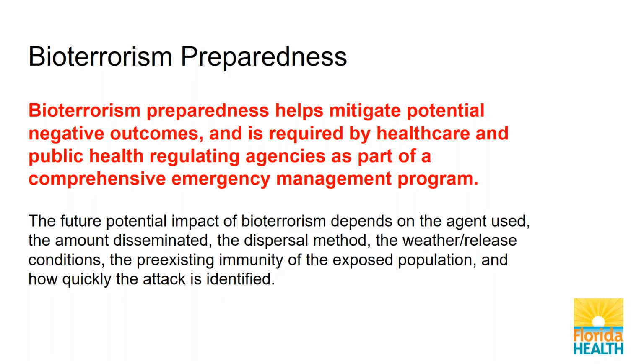They'll give you a list, like the agent used, the amount disseminated, the dispersal method, and they may throw in some different sentences or information that does not necessarily match with the future potential impact of a bioterrorism attack, and you just have to know the information.